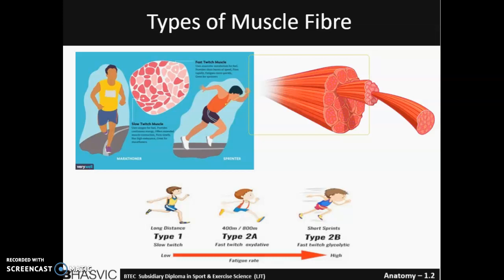Slow oxidative fibers use aerobic metabolism to make low power contractions, which will work over long periods of time and are slow to fatigue.